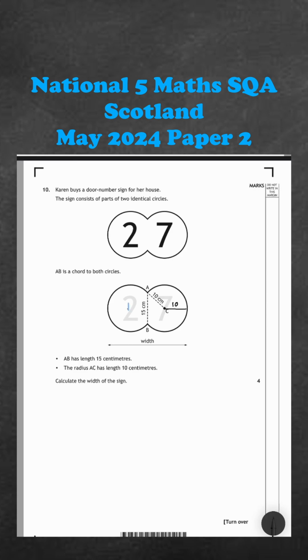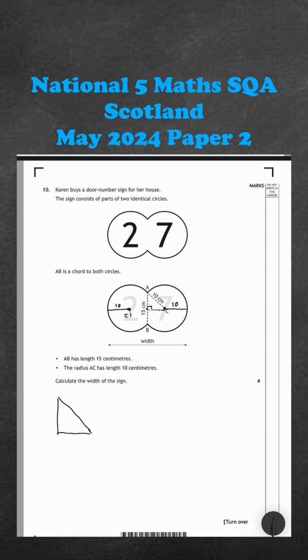So what I'm going to do is draw another midpoint over here, which we'll just call C dash. And we know that this is going to be 10 as well, as our identical circles. What we need to find out is the distance between C dash in the middle and C in the middle. So in order to find this, we are drawing a right angled triangle here. So let me just reproduce that here.